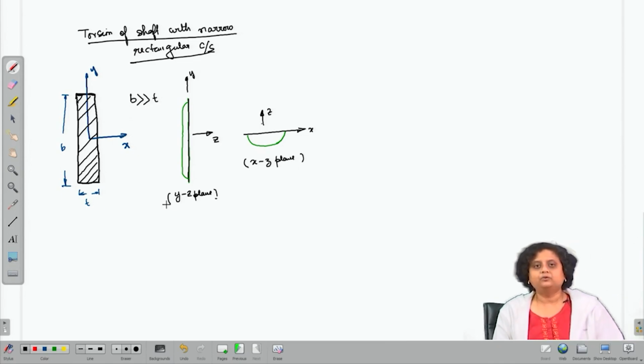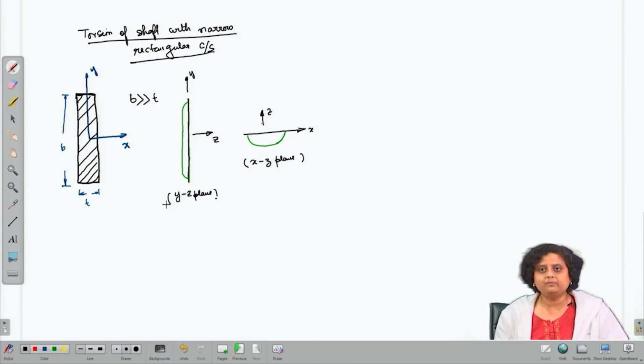In the YZ plane, the deformed shape will be mostly flat, except for a quadratic or parabolic kind of shape at the two ends of the cross section, and in the other plane it is going to be a quadratic or parabolic function that I have drawn.